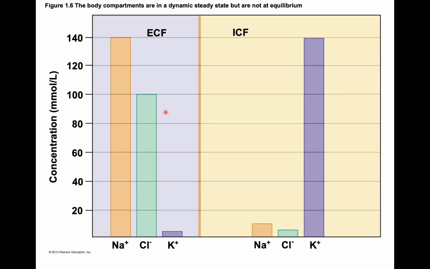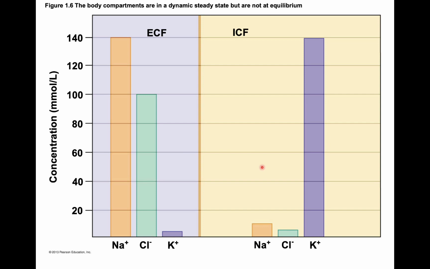Now, why is it so important to separate those fluids? Well, because as you can see here, the extracellular fluid has a high concentration of orange and green, and the intracellular fluid has a high concentration of purple. Orange and green are sodium and chloride ions. So outside of the cell, you need to make sure you're maintaining a high sodium and chloride concentration.